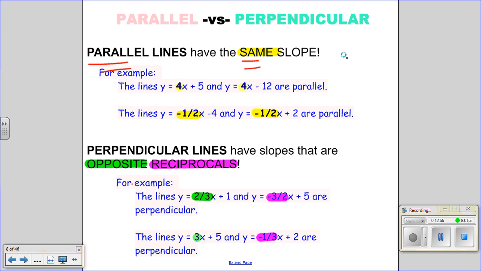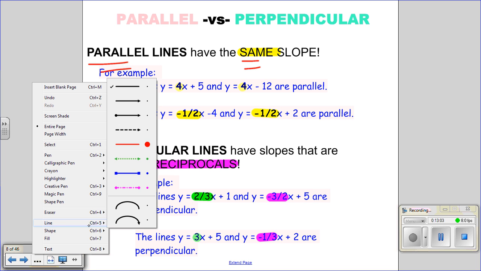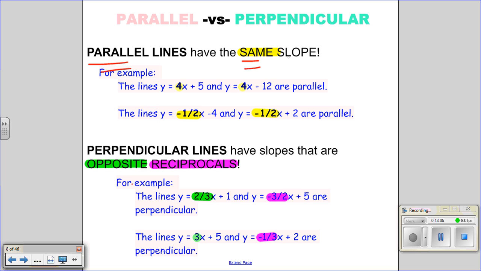Never ever. In other words, they'll never cross. So when you graph two parallel lines, you would have two lines essentially as follows, never ever touching to infinity and beyond.